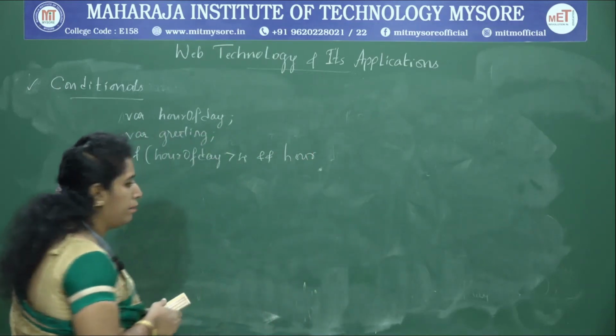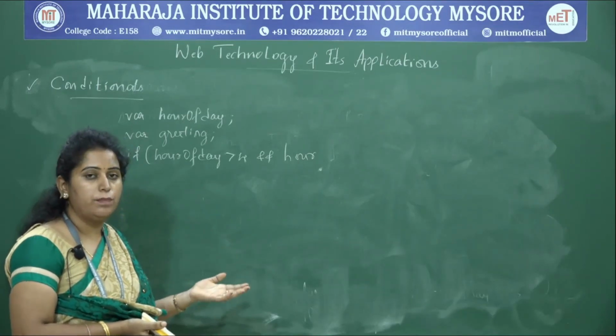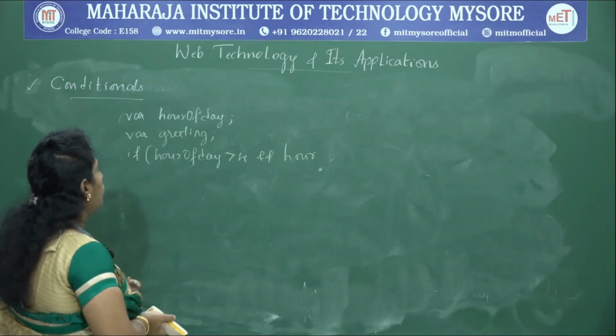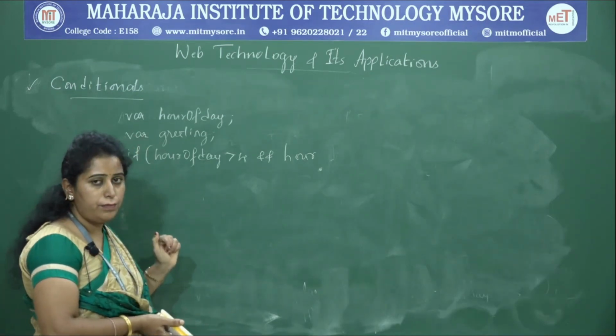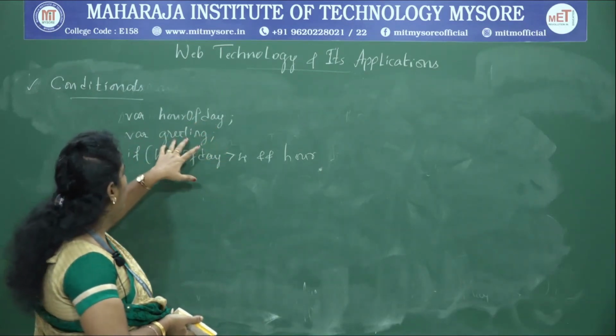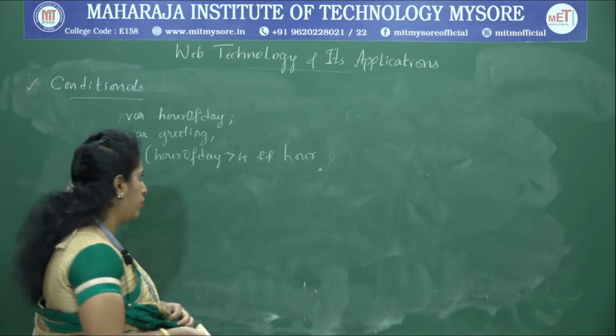Let me take up an example by reading the input as hour to make a decision whether it is morning or afternoon or evening. To do that, I have taken two variables, hour of day to read an hour, and greeting to print a message whether it is morning, evening or afternoon.